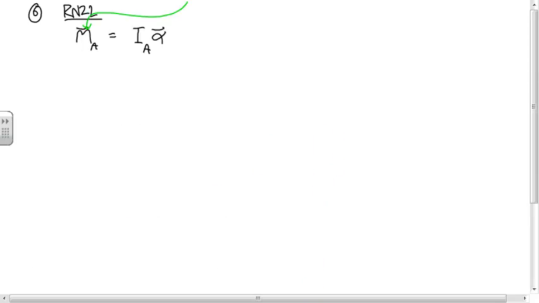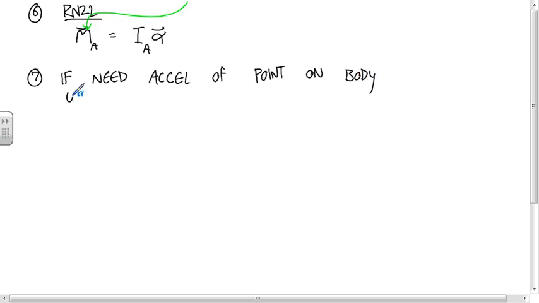And then the last step is, you don't always have to do this. It depends what the problem's asking for. But if you're asked, or if you, for any reason, need the acceleration of a point on the body, use the watermelon equation.